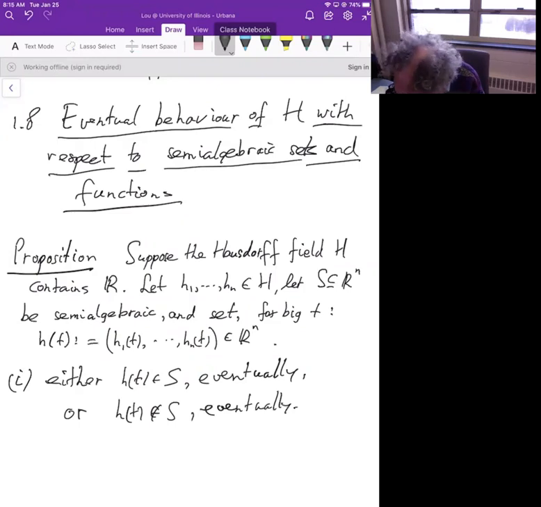And well, actually, let me put an n there because the statement depends on n. But of course, we are going to prove this by induction on n. The second claim, and the induction involves also the following.